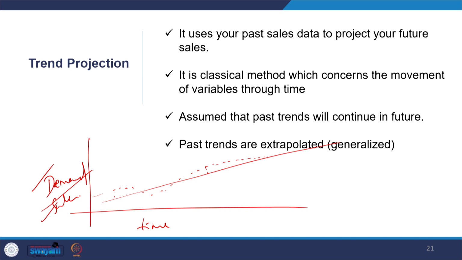The assumption that it makes is that past trends will continue in the future. Whatever has happened in the past, that is 100% correct, that is an assumption. So, we are believing that exactly what was happening in the past will also happen in the future, okay. And then we just extrapolate the past trends and say this is the future projection, right.